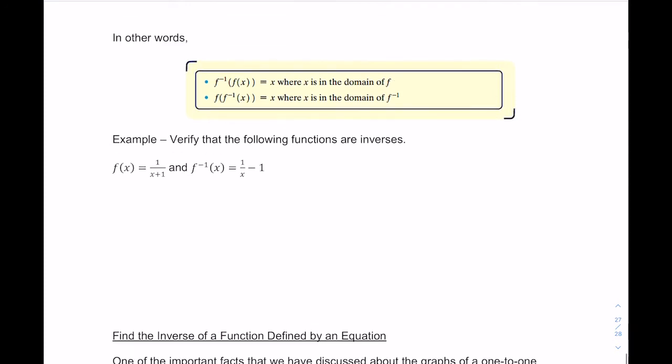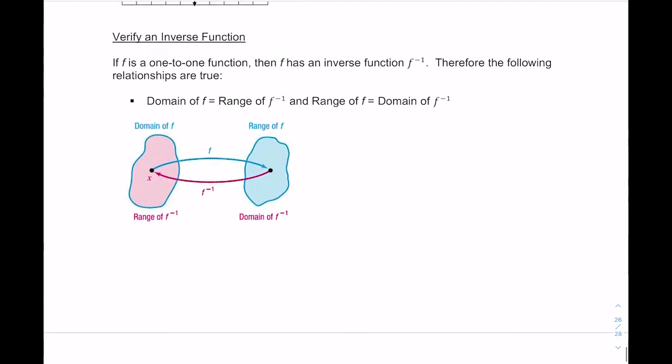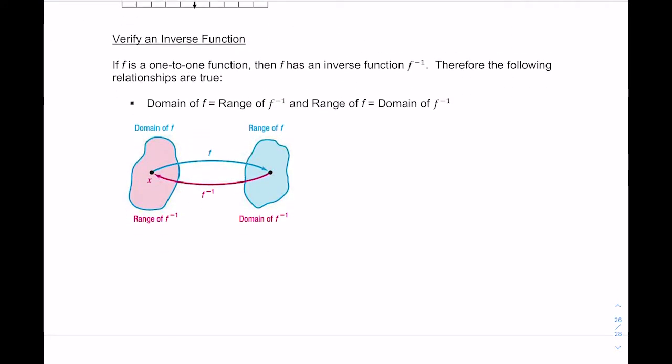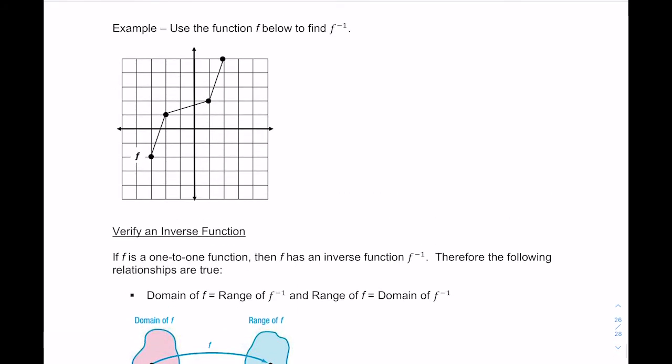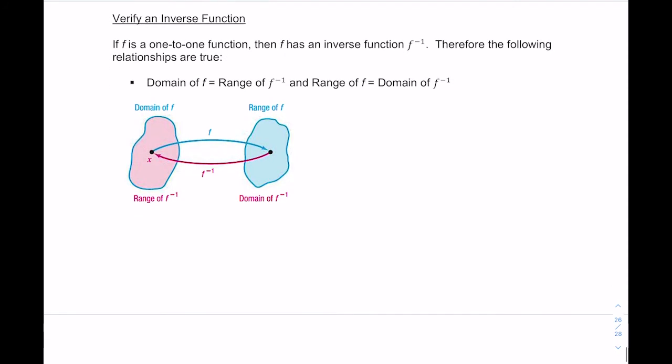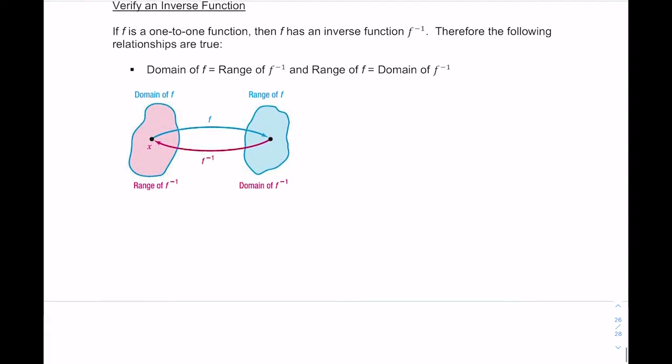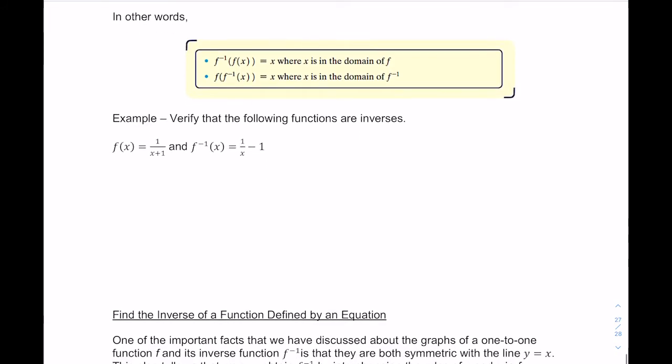So in this part, we're going to look at how to verify an inverse function. We just looked at a graph, and to graph the inverse, we knew that it reflected over the line y equals x. So if we want to verify whether a function and another function are inverses of each other, you want to check two things.